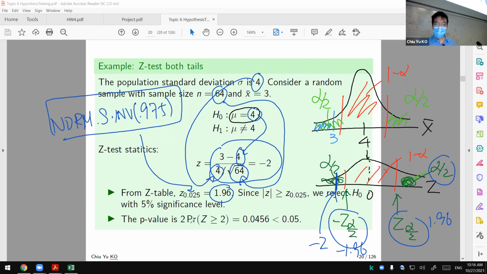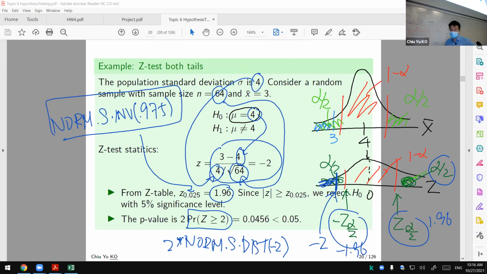The other way around, you can calculate the p-value: norm of negative 2. This calculates the blue area. You multiply by 2, because it's 2 times the p-value. Can you calculate this? It's less than 5%, so that's why you reject.